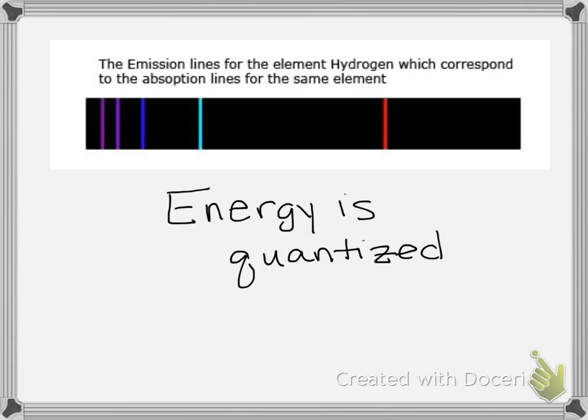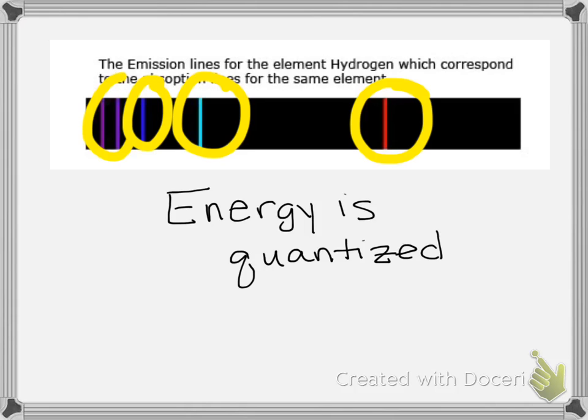That means that hydrogen will only produce red light, a light blue, a blue, and two purples, because however far apart hydrogen's energy levels are spaced, that's the only light that it can produce.